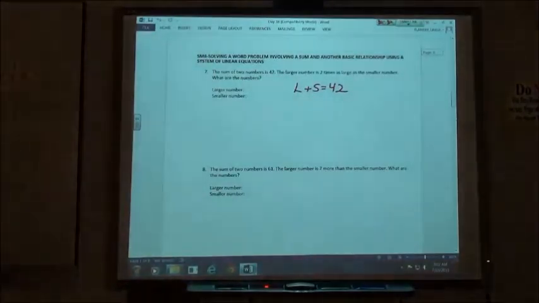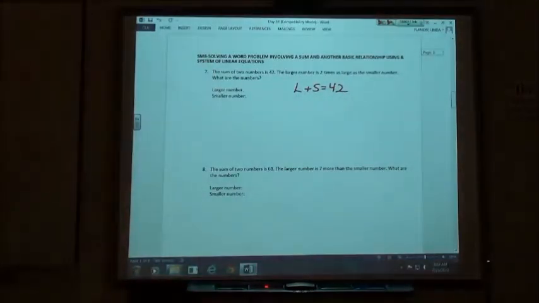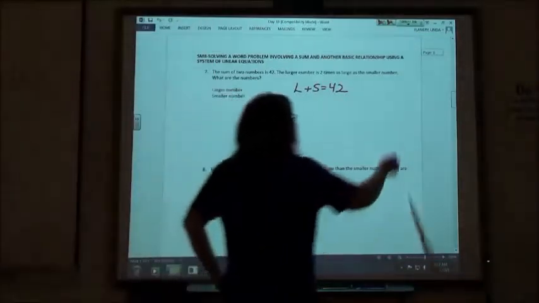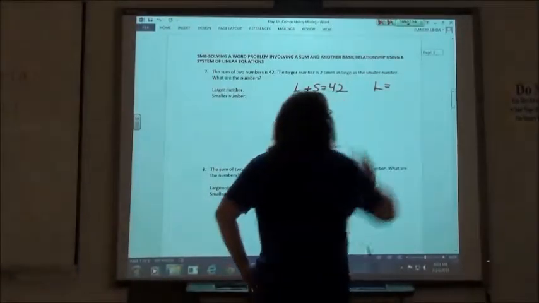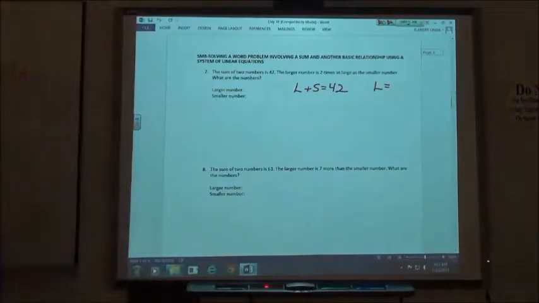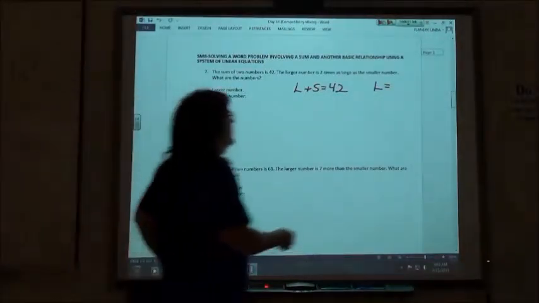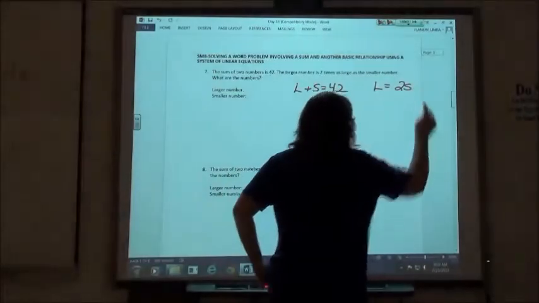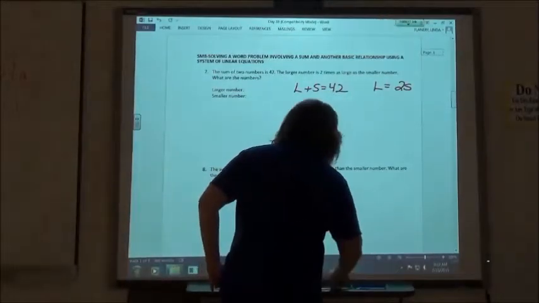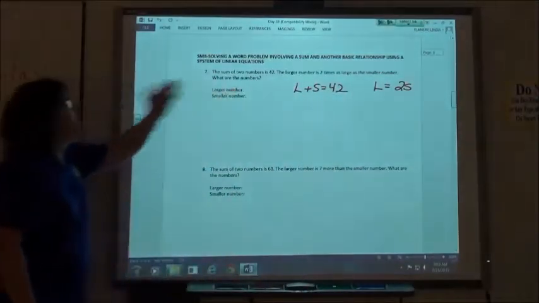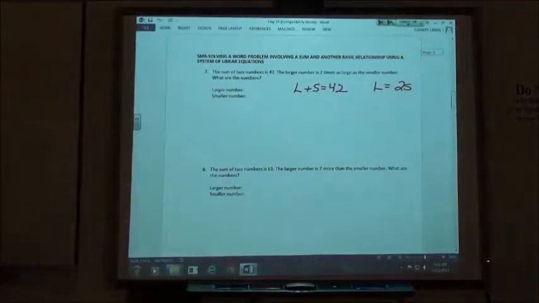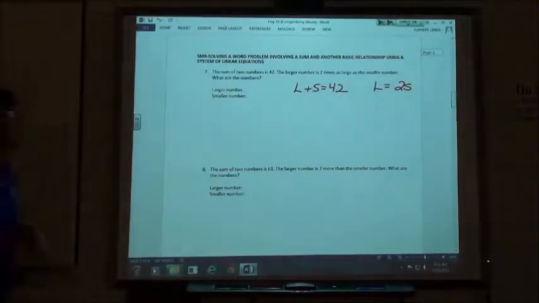The larger number is, so I'm going to let the L equal, whichever one is mentioned first, that's the variable that's by itself. So the larger number is 2 times as large as the smaller number, 2S. On this one, since they put the large one in terms of the small one, substitution is probably my easiest way to solve it.